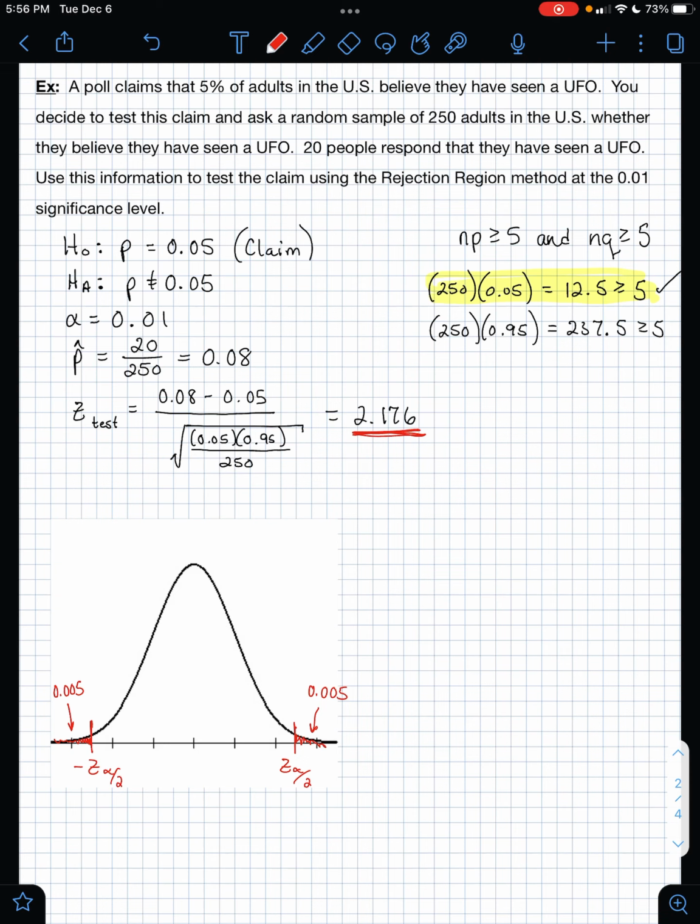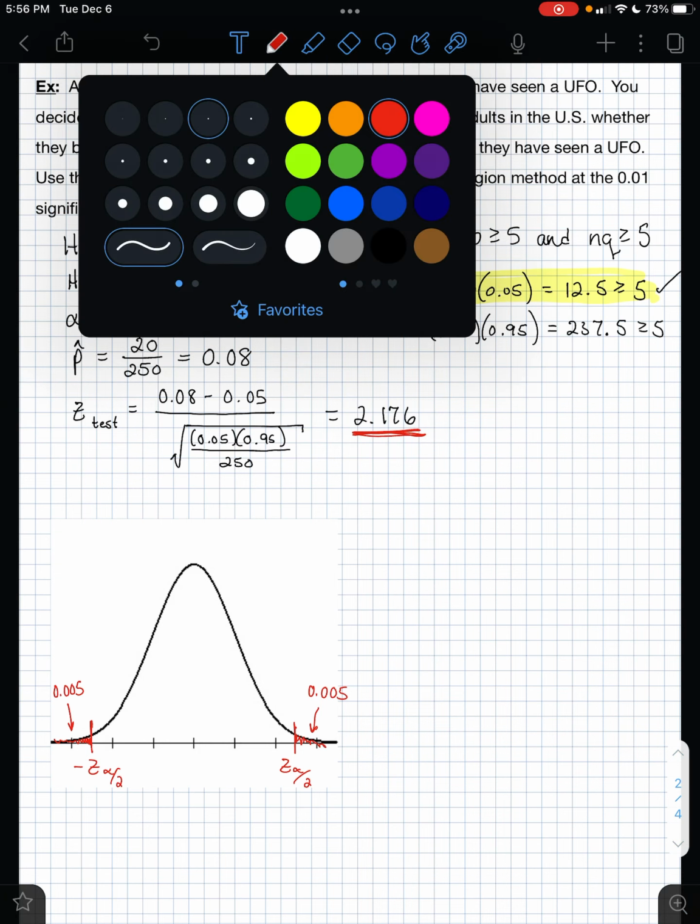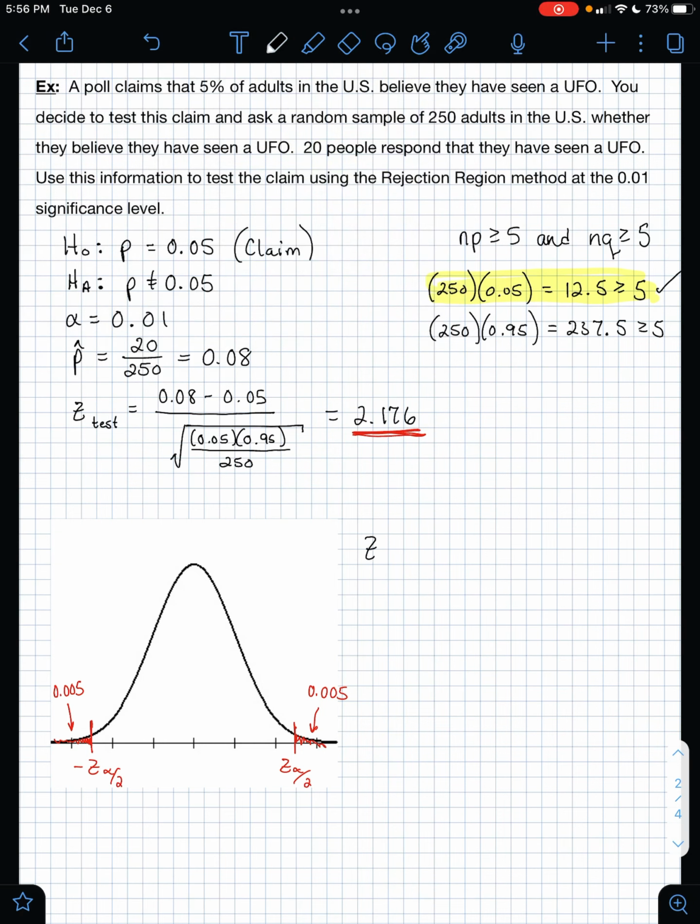So this is where we again turn to our calculator, and to get the critical value, z sub alpha, we need to use the inverse norm command. And we need the total area to the left.